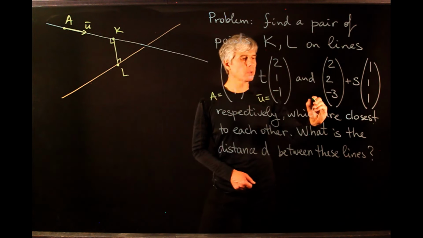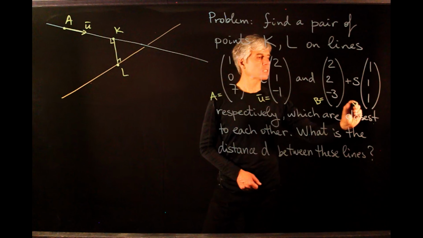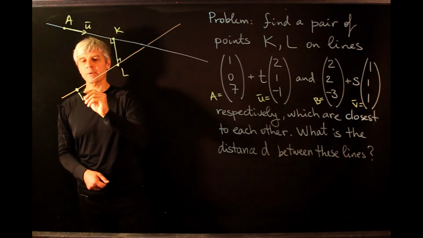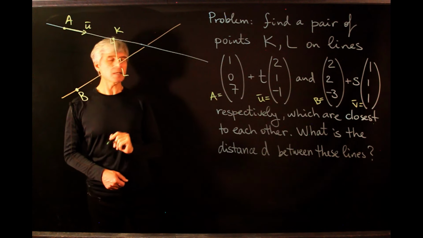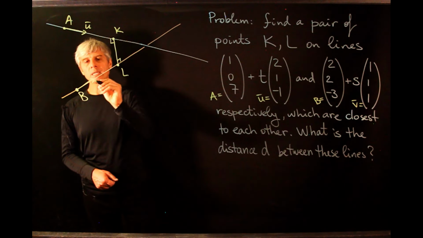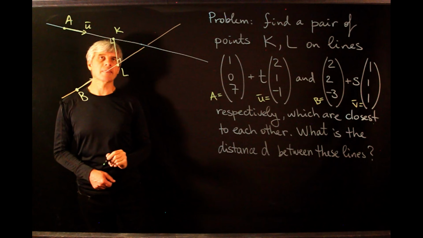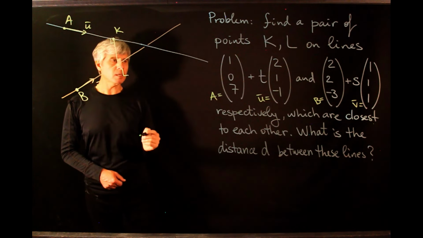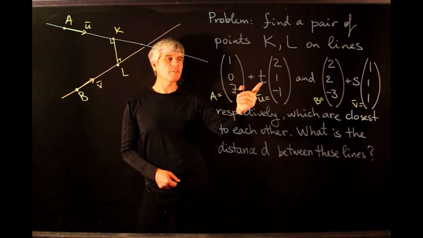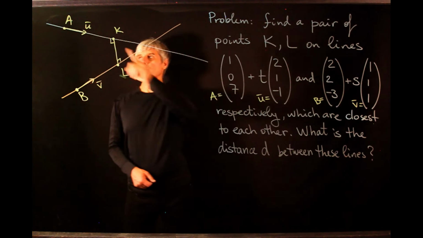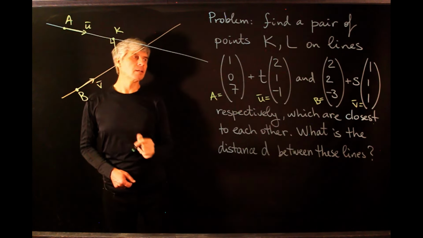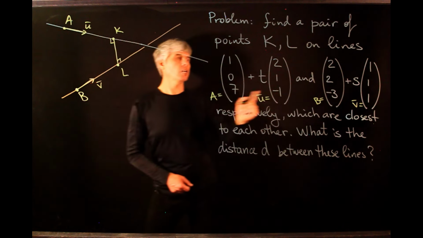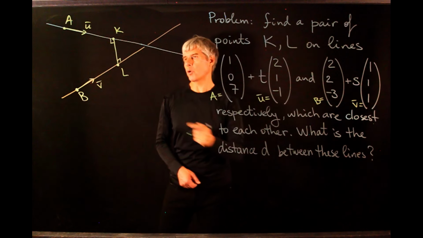And likewise, if we call this point B and this vector v, then somewhere we have a point on this line and a directing vector v of this line. And we need to find a value of t which will give us the point K, and the value of s for which this will become the point L.